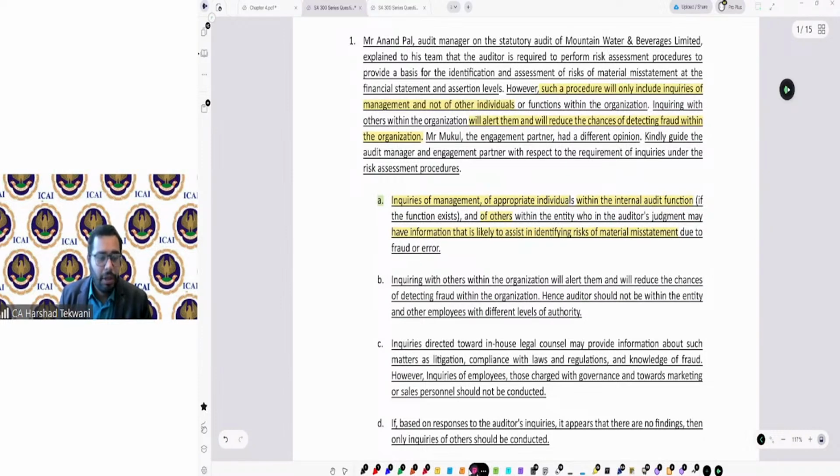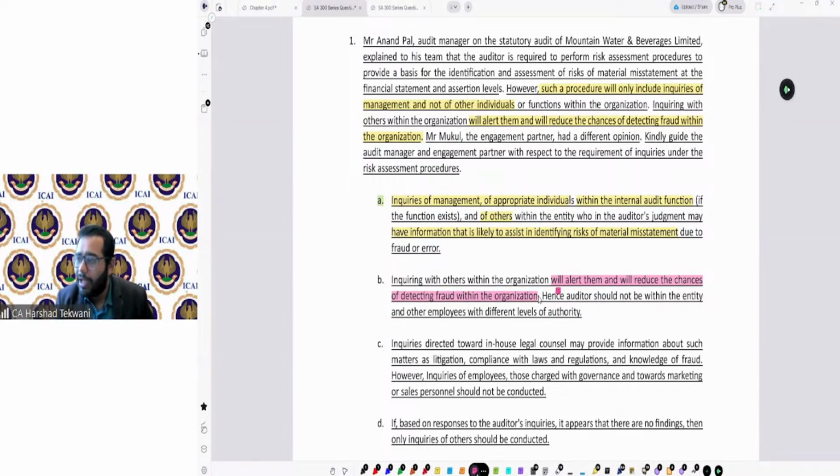Why is it incorrect? Because in the second it says it will alert them and reduce the chance of detecting fraud within the organization. Now you are doing inquiries for the audit, and everyone knows that the audit is going to happen. Everyone knows that the auditor will come and perform the statutory audit for the period. There is nothing hidden from them with respect to the statutory audit.